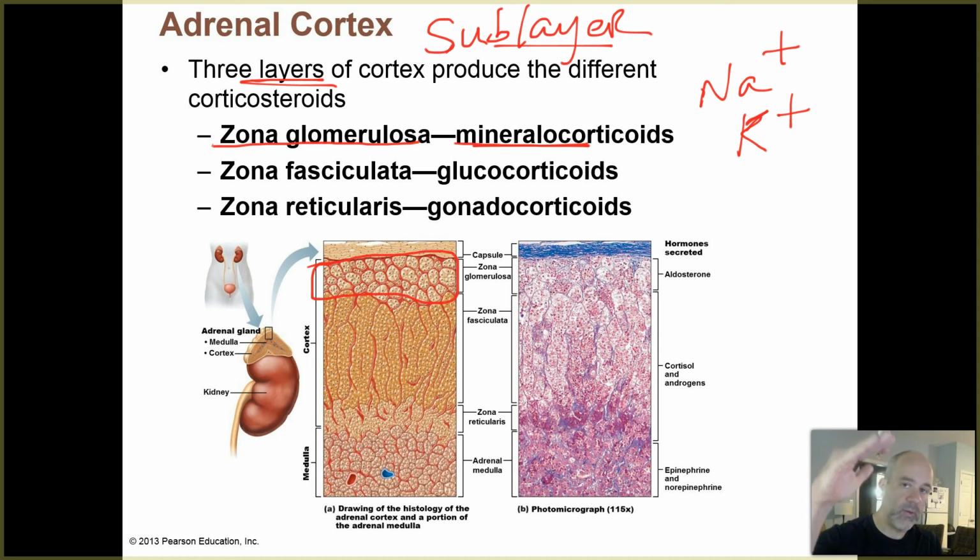All right, so if you go deeper from there within the cortex, you have another sublayer. This is called the zona fasciculata, and the cells there are arranged in strips. They almost look like curtains when you look at them under a microscope. The cells in that area make a group of hormones called the glucocorticoids.